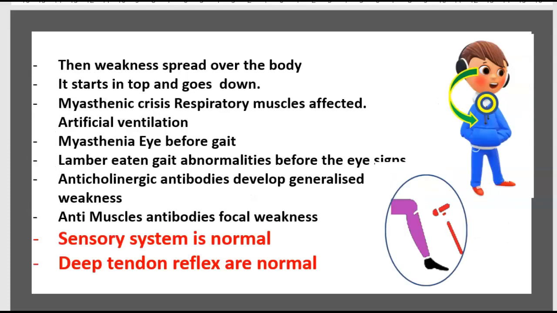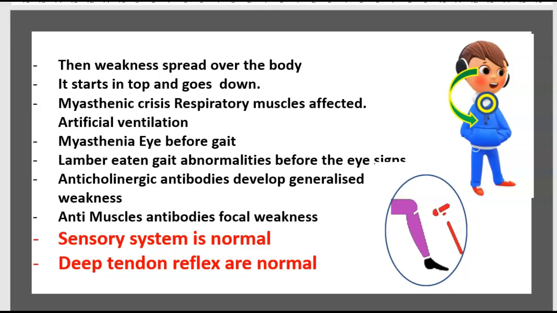Then weakness spreads over the body. It starts at the top and goes down. Myasthenic crisis can affect respiratory muscles, which needs artificial ventilation. One essential characteristic of myasthenia is that it goes from the eyes before the gait.